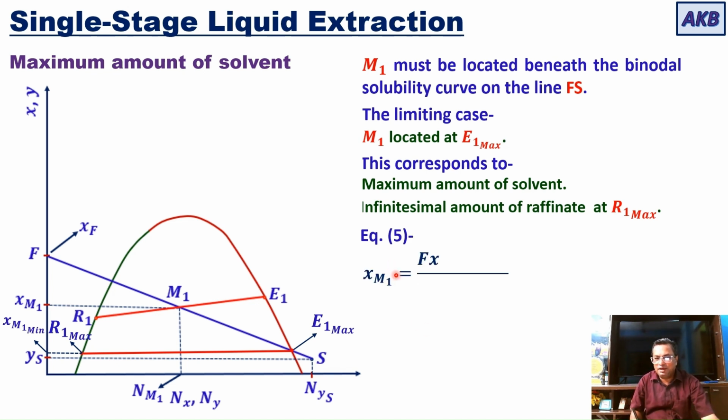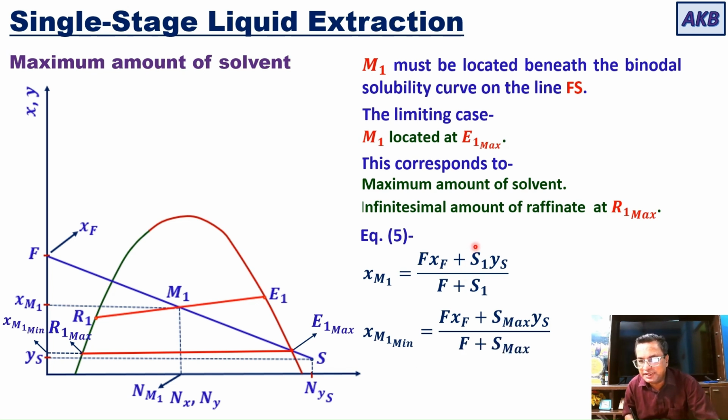So for that, again, you have equation 5. So it is xm1 is equal to F xf plus S1 ys divided by F plus S1. And now if I replace xm1 with xm1 minimum, I will have to replace S1 with S max. So xm1 minimum is equal to F into xf plus S max into ys divided by F plus S max.